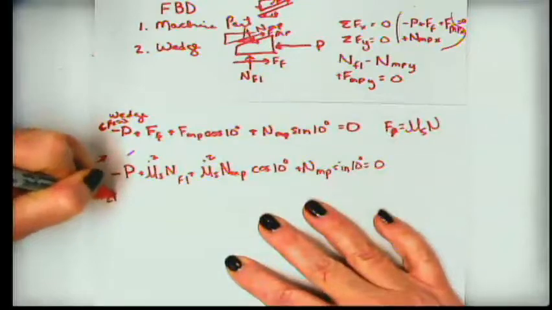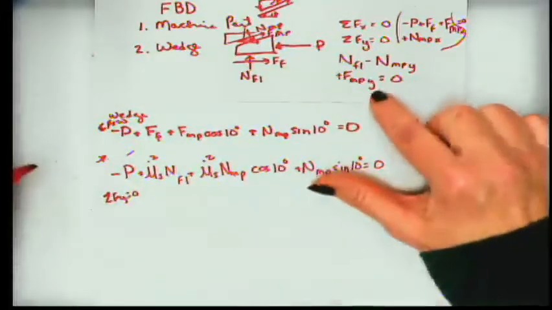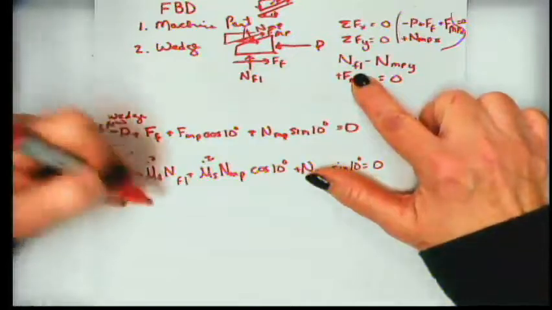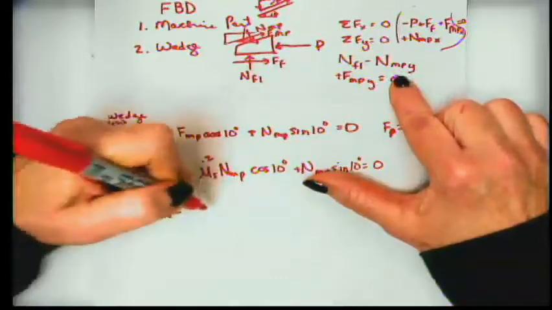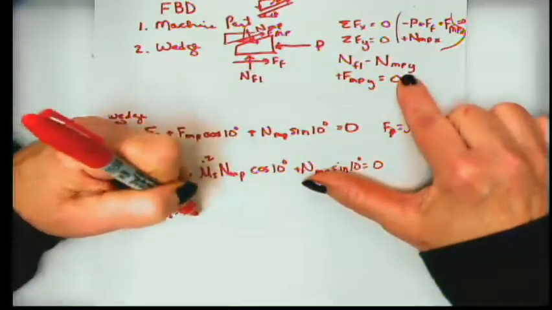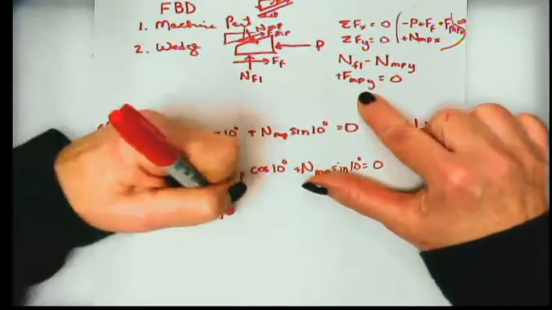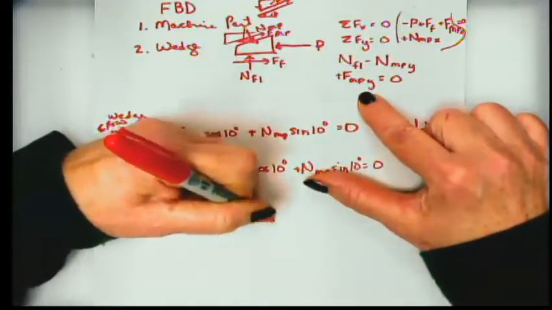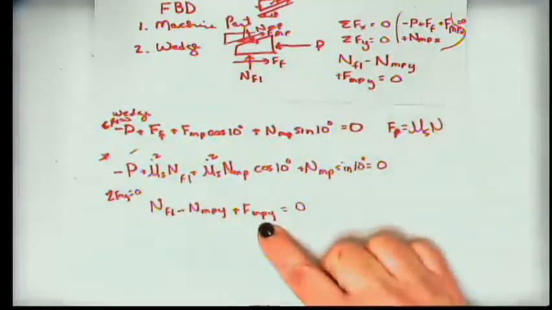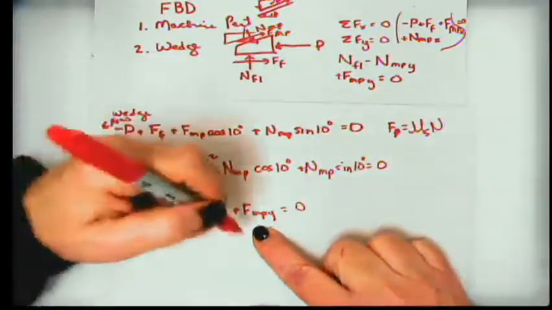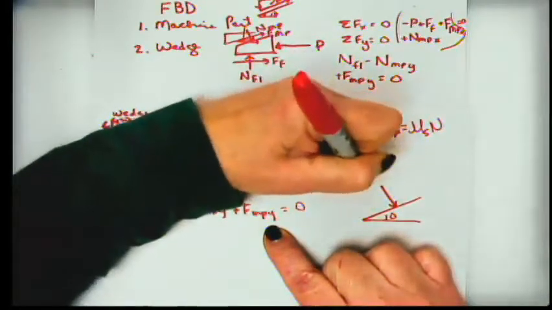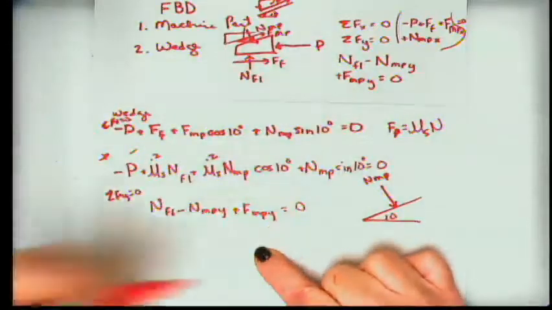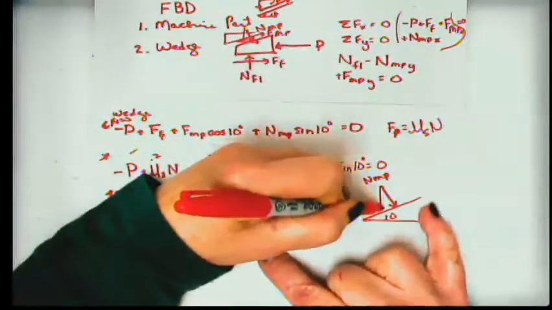Then we're going to get summation forces y equals 0 on the bottom, on that wedge. And so we get to rewrite the normal force from the floor minus the normal force MPY plus the frictional force from the machine part in the y direction equals 0. And similarly here, let's go ahead and draw the top of the wedge. This is 10. This is the normal force from MP. This is my y component.